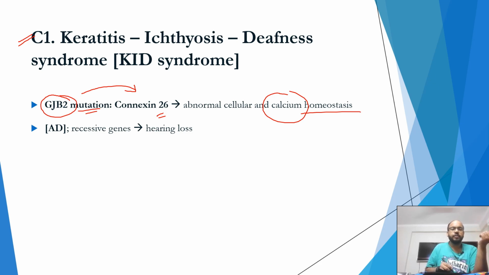KID syndrome is autosomal dominant. In KID syndrome you have deafness, but if it is transmitted by a recessive mode, leading to mutation in connexin 26, the hearing loss is much more severe.